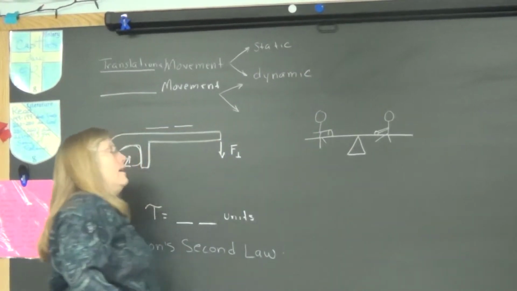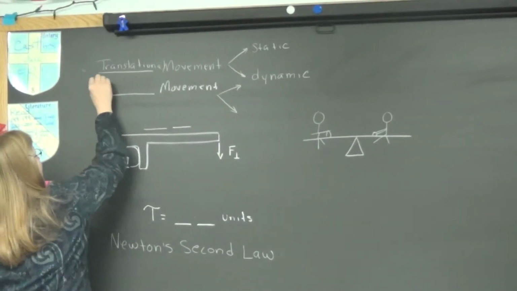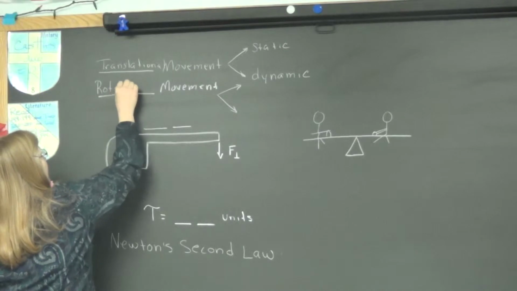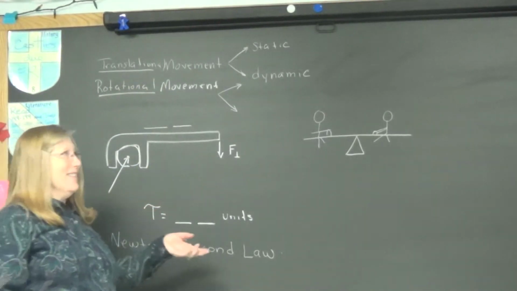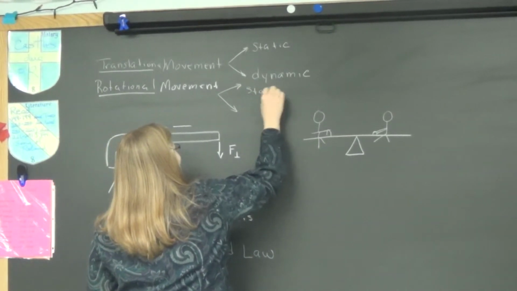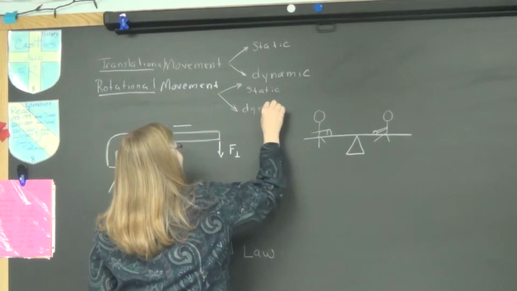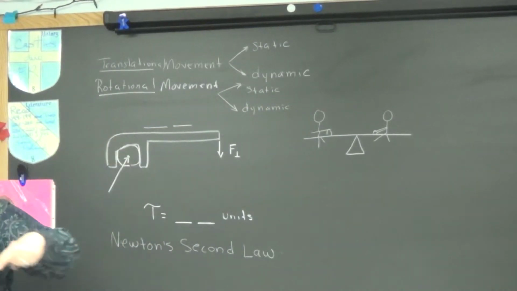All right, so we switched from translational land to rotational yesterday. And guess what? I failed to tell you there's two kinds. Guess what they're called? Static and dynamic? Yep. Oh my goodness. So static means you have the ability to go in a circle.